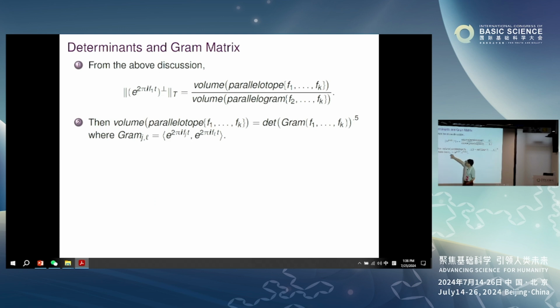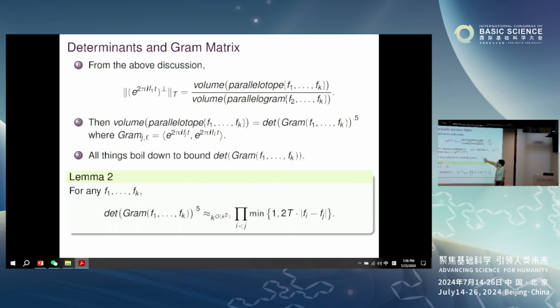The Gram matrix is of size k times k, where the entry (j, l) is the inner product between the j-th vector and the l-th vector. This is what we also know from college. So all things boil down to bounding the determinant of the Gram matrix, because to compute this orthogonal part we want to compute these two volumes, and by this relation we only need to control the determinants of these Gram matrices.